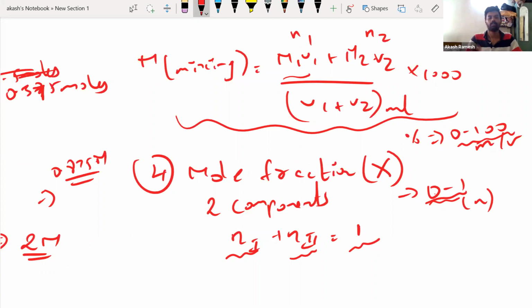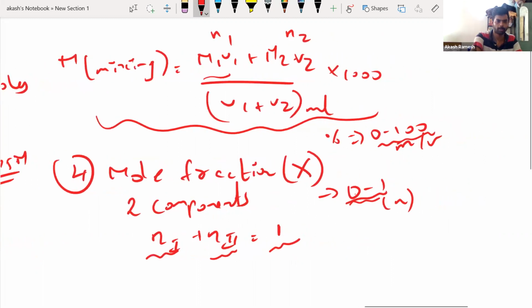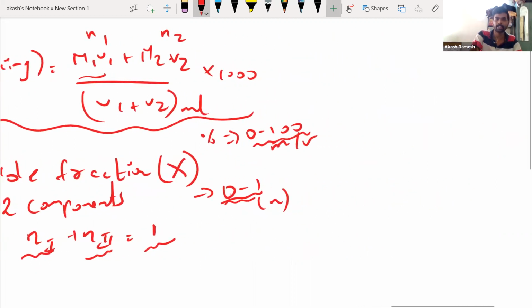Once you understand this, finding out the formula is going to be very, very easy. Maybe I'll give you an example before we go to the formula. Assume that I have a mixture of H2 gas plus N2 gas in a vessel.